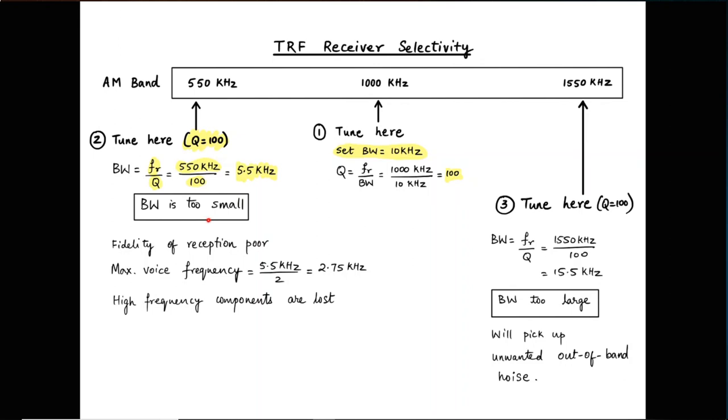Now, if you think about the maximum voice frequency, if the filter is able to extract frequencies only up till 5.5 kilohertz, that's the highest frequency of the signal getting through this filter. If you divide that by 2 because of the Nyquist criterion, we will take a look at that in the next lecture, the maximum voice frequency that is able to get through this filter is only 2.75 kilohertz.